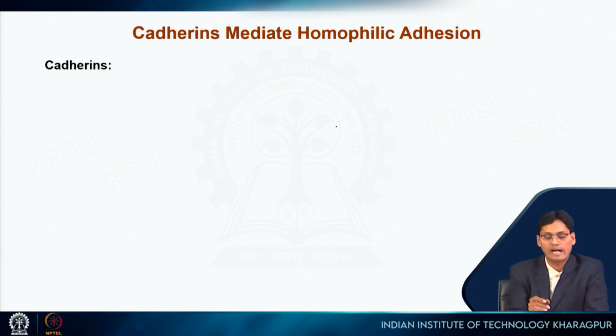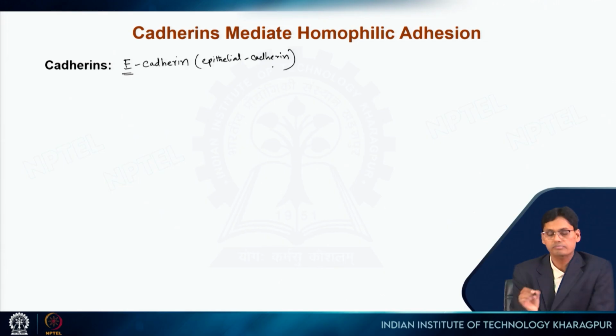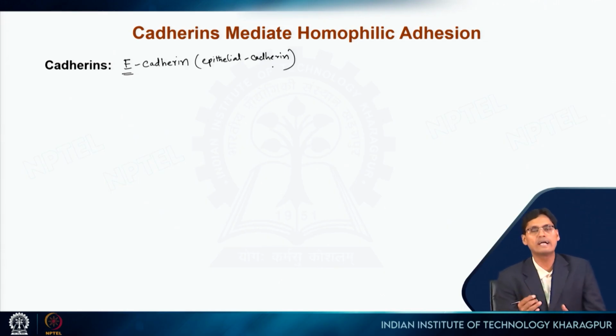For example, major cadherin, classical cadherin, for example, E cadherin. This is very common, E cadherin. So, here E cadherin means this is epithelial, E stands for epithelial cadherin, because it was first discovered in epithelial tissues and it is also predominantly present in epithelial tissue.